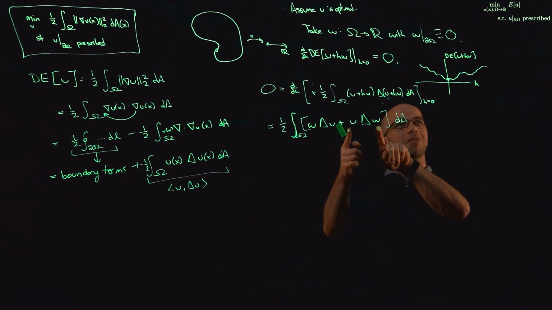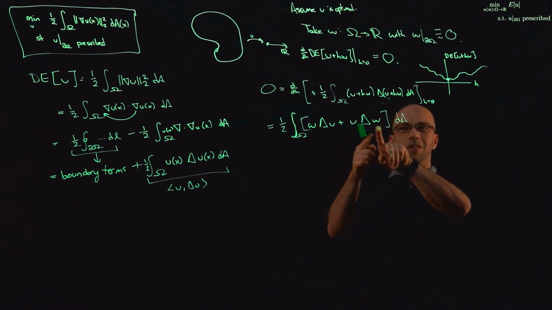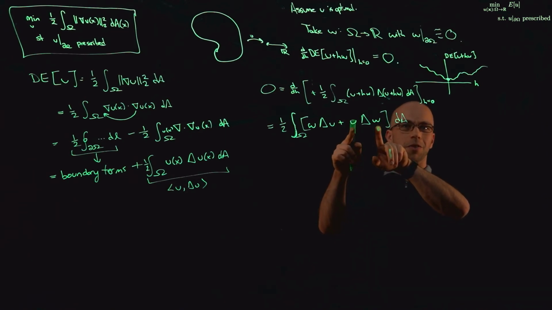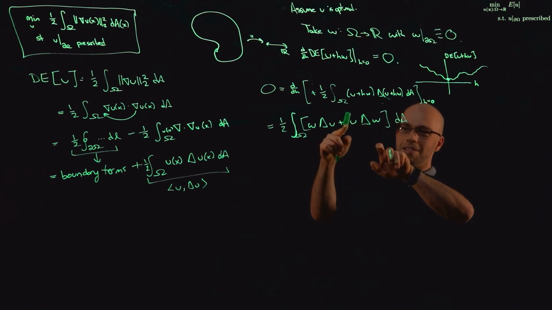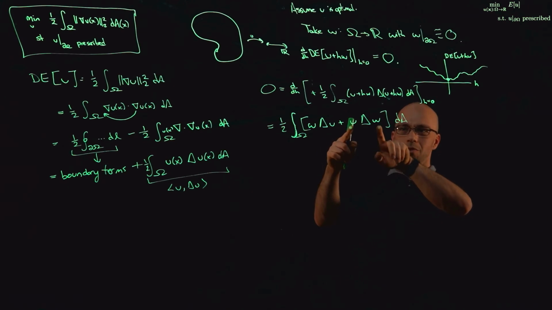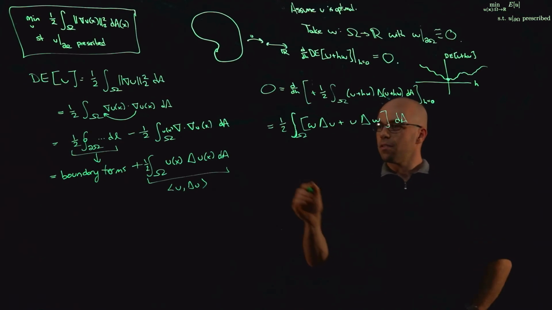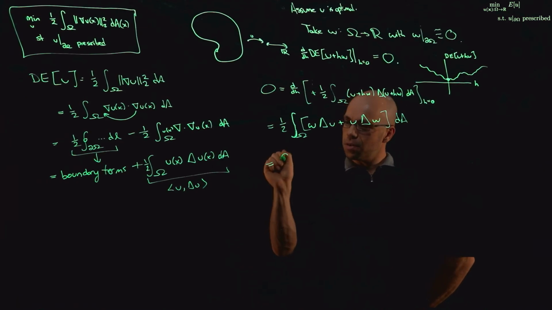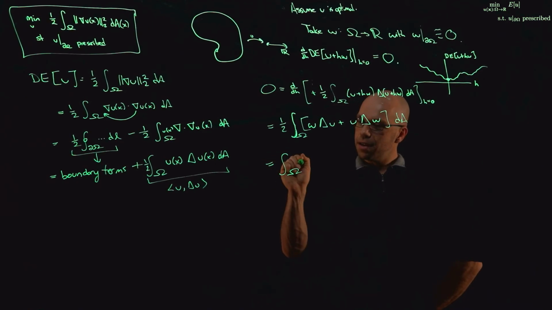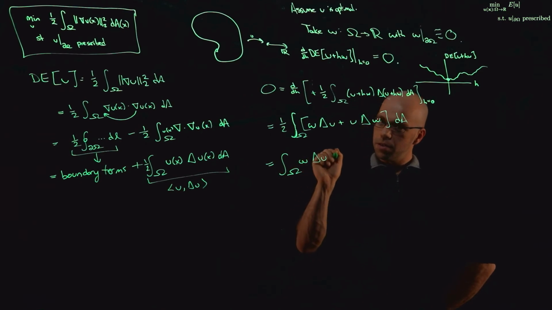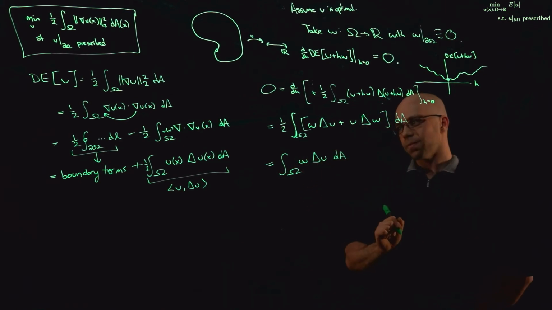In fact, maybe we even assume that the gradient of w is 0 on the boundary, just for ease of math. And then if we integrate by parts a second time, well, now we're going to get Laplacian of u times w. So in fact, these two terms are the same. So what we get is that this is equal to the integral over omega w Laplacian of u dA.